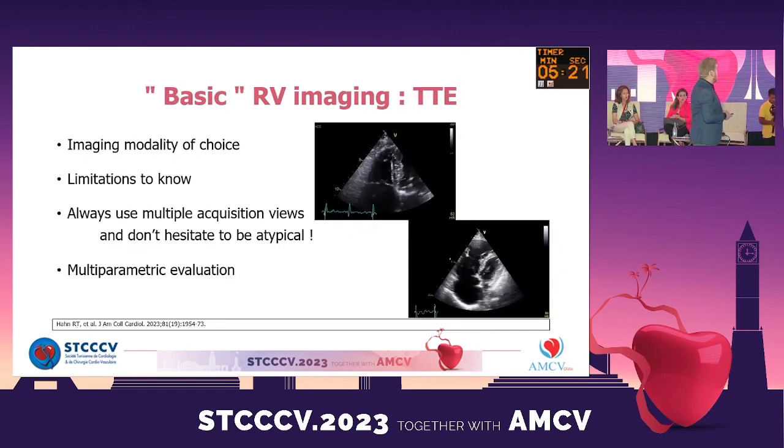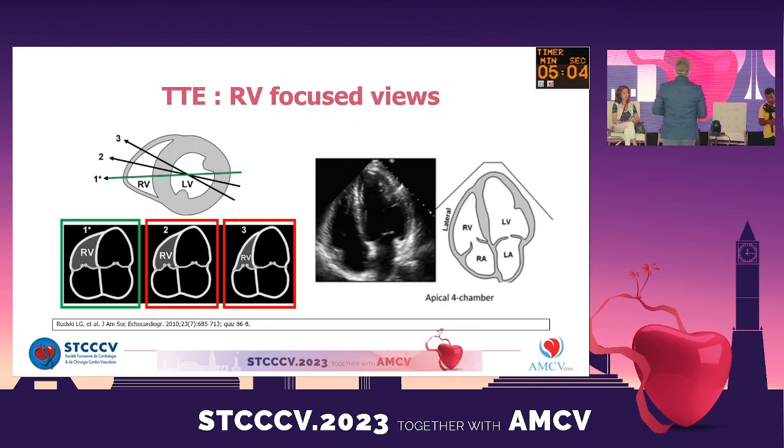So let's go back to basic TTE. It's still the imaging modality of choice. There are limitations to know, but you can always use multiple acquisition views. Don't hesitate to be atypical towards the axilla or sternum, and always use multiparametric evaluation. You need to have a good apical four chamber to start with, with the full RV opening, in the green line.